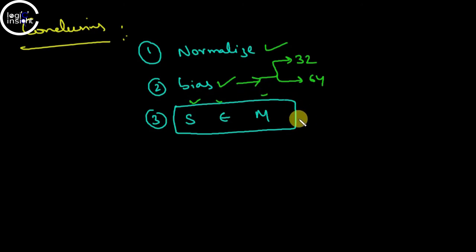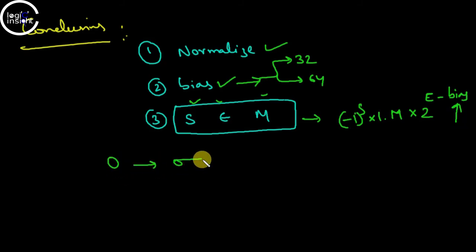And to retrieve the number, the same logic applies: 1 point mantissa times 2 to the power of exponent minus the bias. Again, the bias depends on the number of bits you take. For representing 0, the exponent values are all 0.